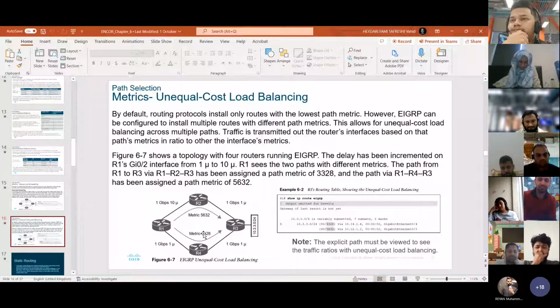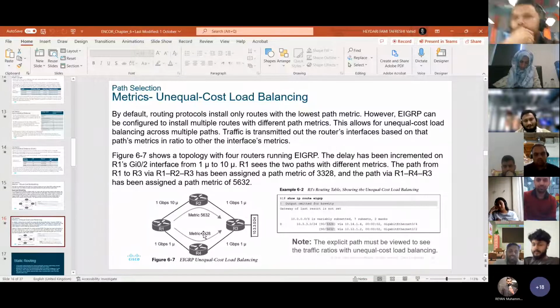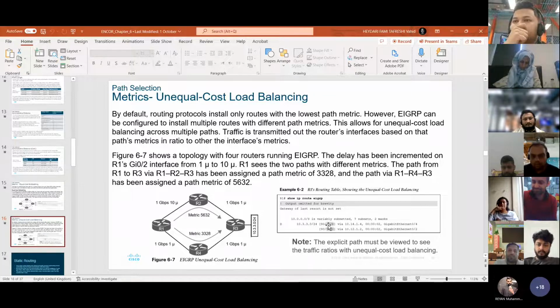So if you remember, the EIGRP protocol uses a composite metric, and inside the composite metric values, we have the delay value as well. So if you change delay on the links, then the metric is going to be changed, and that's why you can see 2 different values for the metrics. But the way that multipathing works is exactly the same as equal cost multipathing. Instead of having 50% of the traffic going each way, you're now going to have less traffic going this way and more traffic going that way.